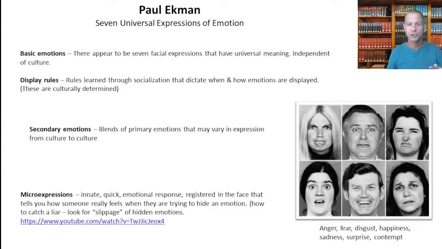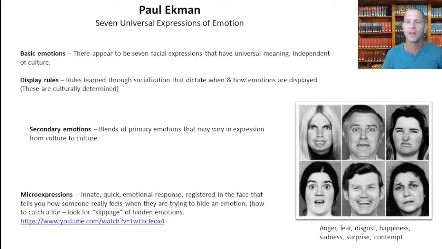Just know that there are 7 universal emotions, 7 patterns of facial expressions that people have. These patterns are universal, they're worldwide. The only difference is when people choose to show their true emotions.